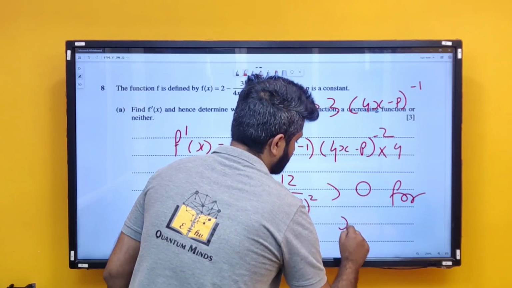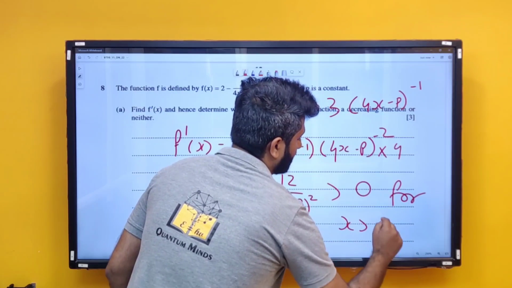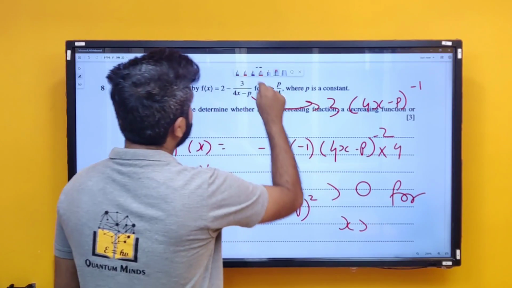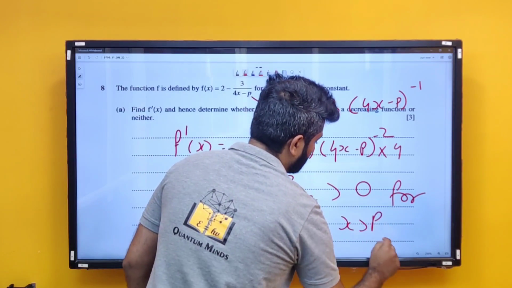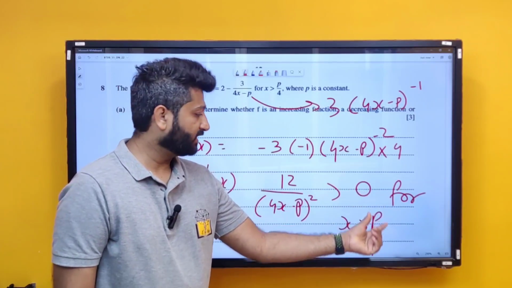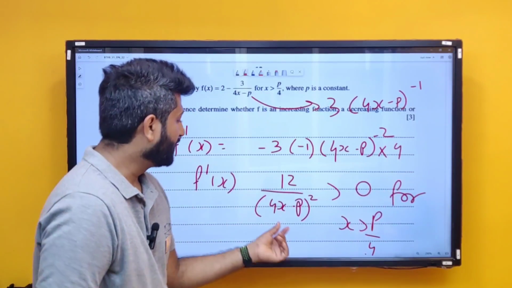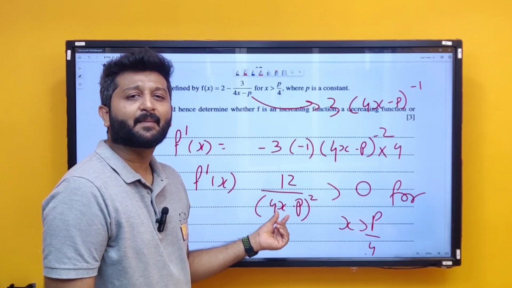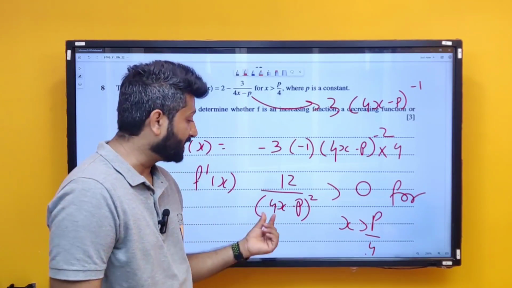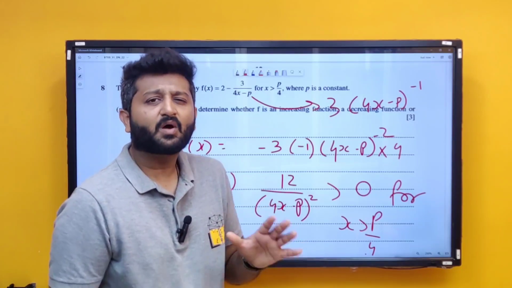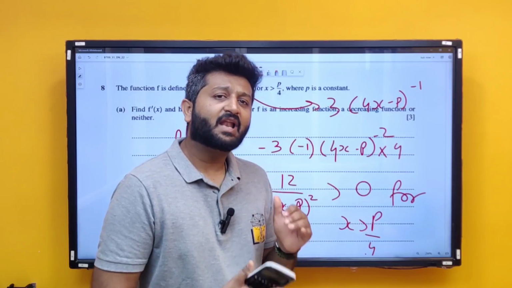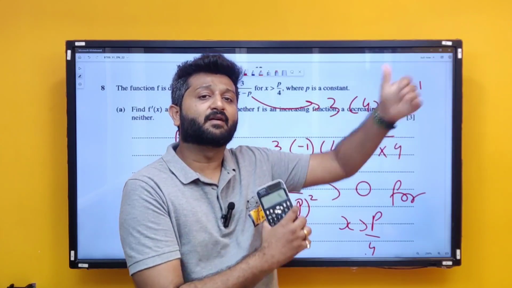See, if you substitute p by 4, 4 into p by 4, the 4 and 4 will cancel, you will be left with p, and p minus p is 0. Now we know that x cannot be p by 4, so we'll have a value which is greater than p by 4.